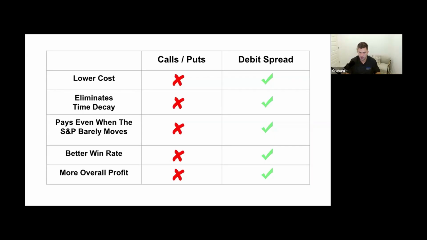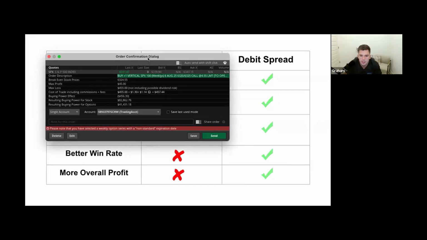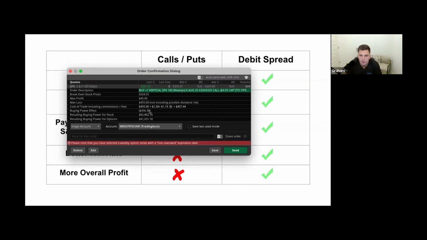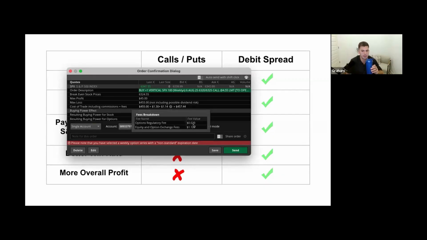I'll review the trade. All right, let me go look. Here, here's SPX. Is that what this is here? Oh, there we go. Looks like there is right there. So a little extra hidden fees there.